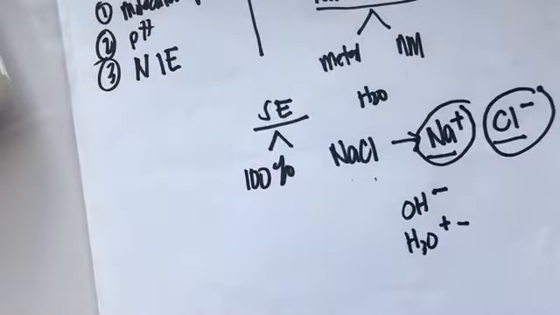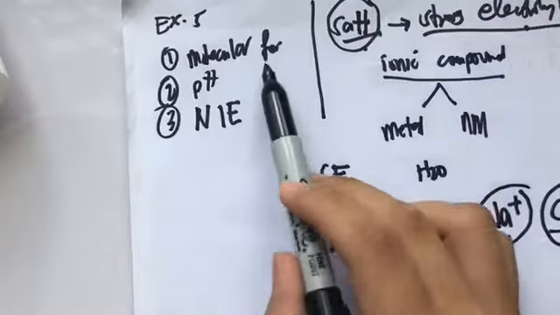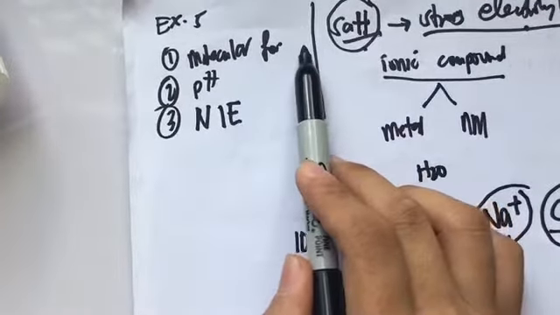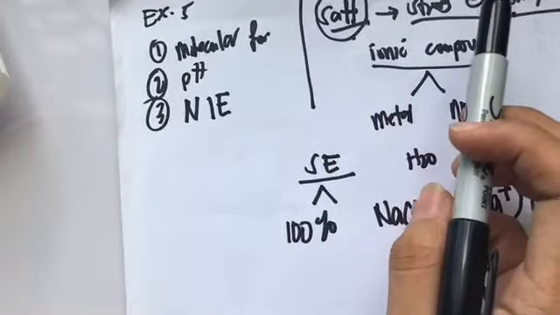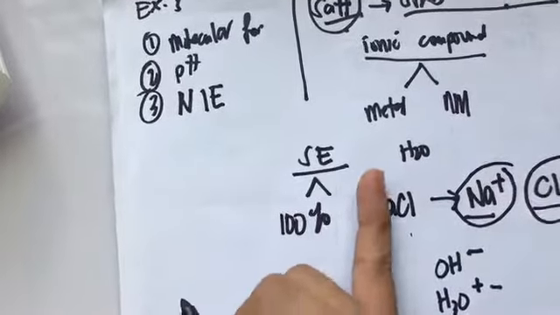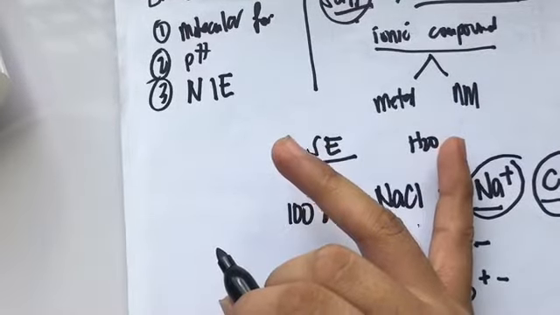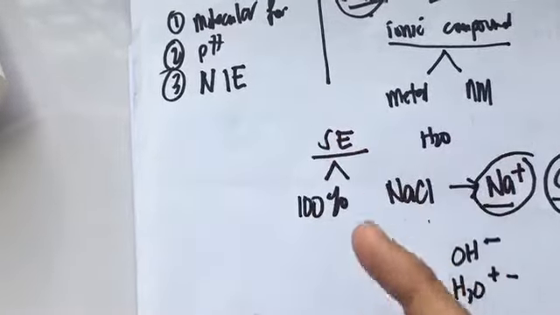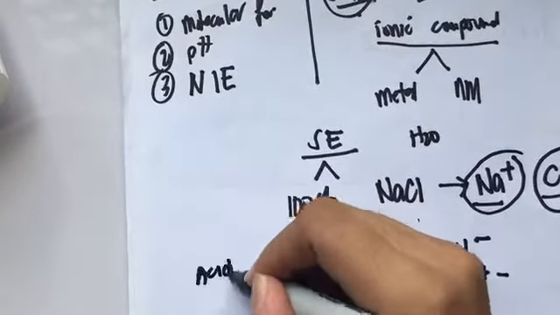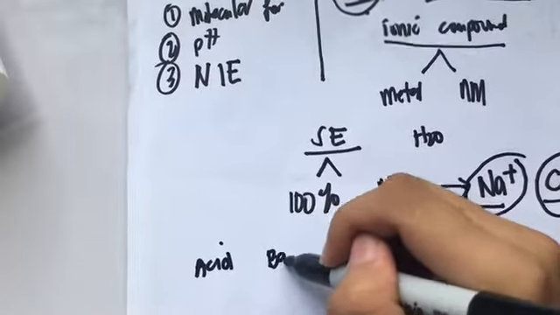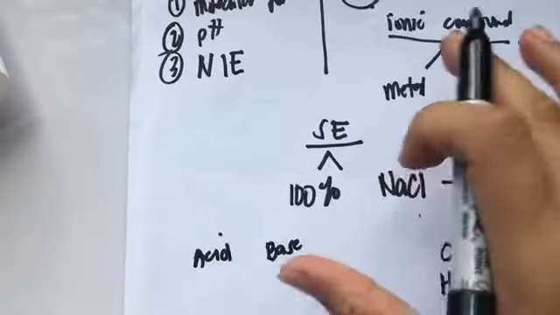So one of our objectives is to identify the acidity, basicity, and neutrality of a certain salt depending on its molecular formula. The acidity, alkalinity, and neutrality of a certain salt depends on the strength of the acid and the base that comprise it.